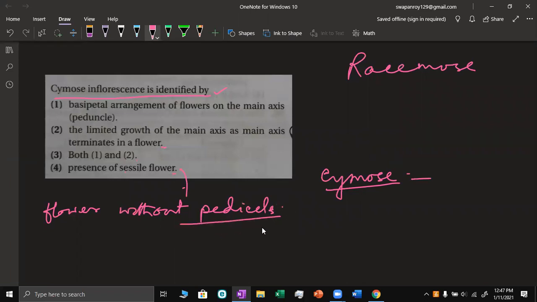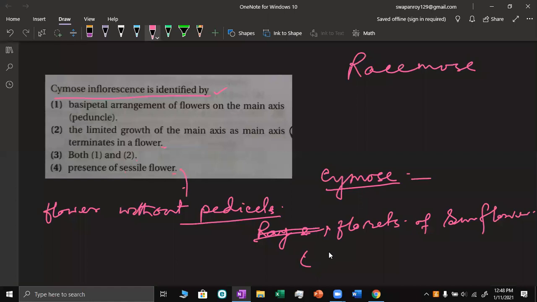We do get sessile flowers in the ray and disc florets of sunflower, that is, the flowers in the members of Compositae.